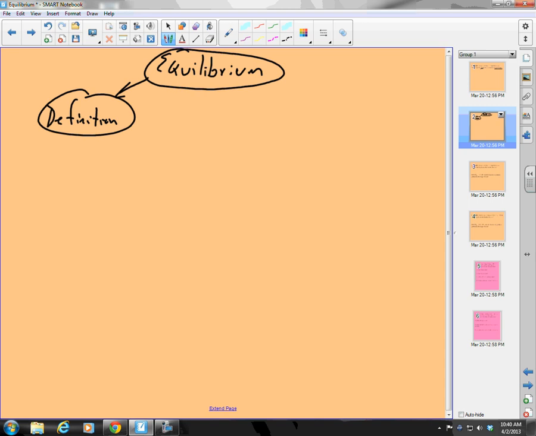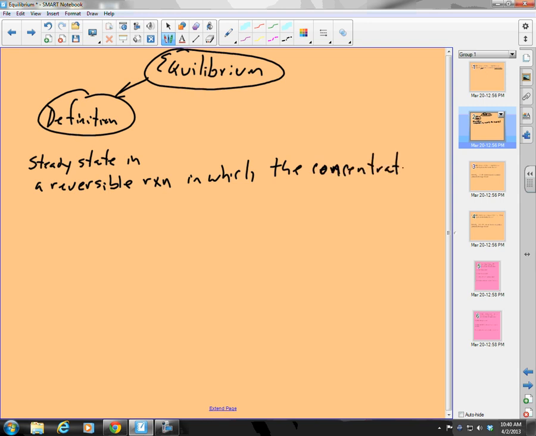The first one is a steady state in a reversible reaction in which the concentrations of the reactants and products are constant. So that is one definition.